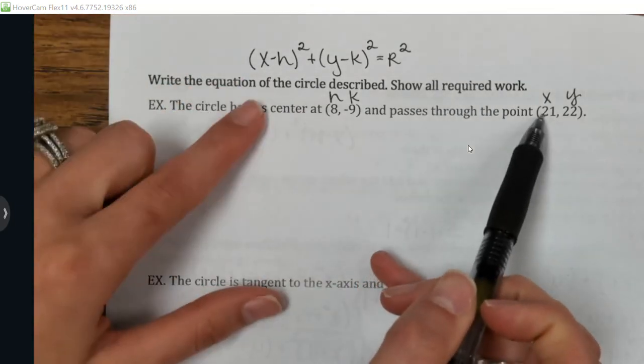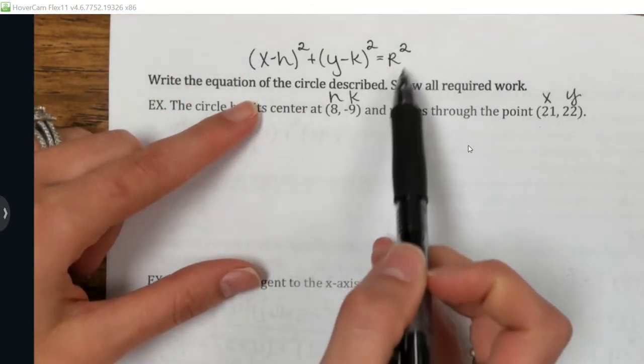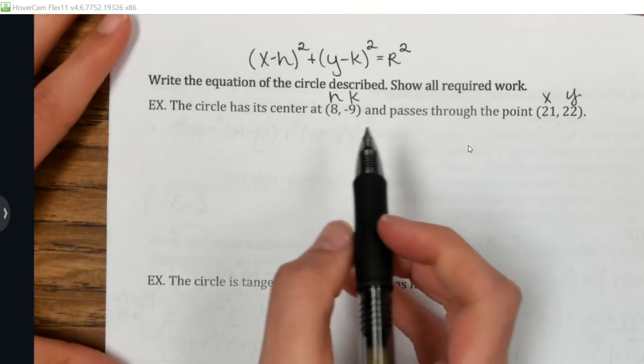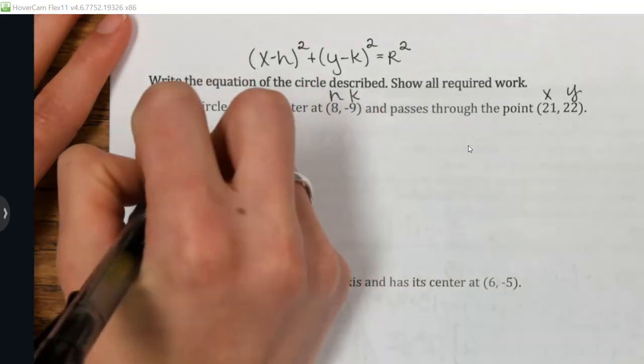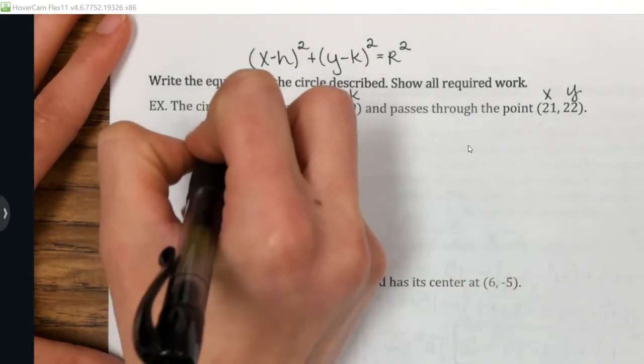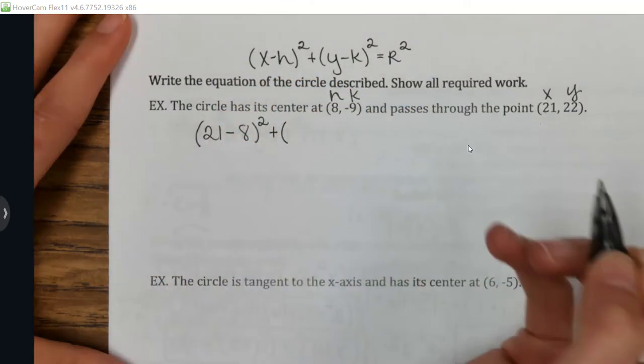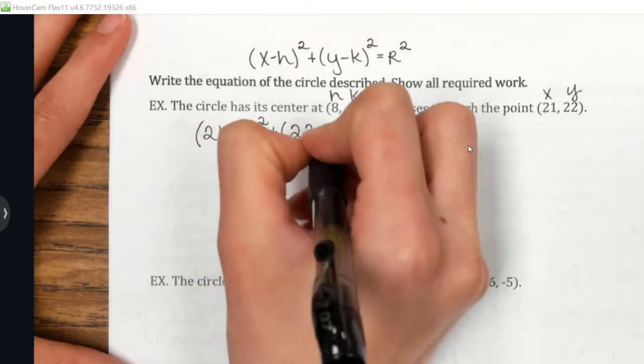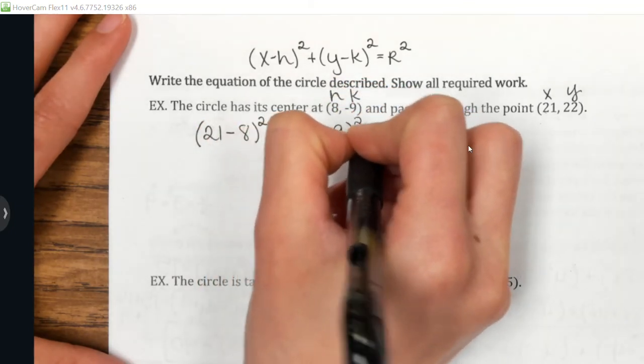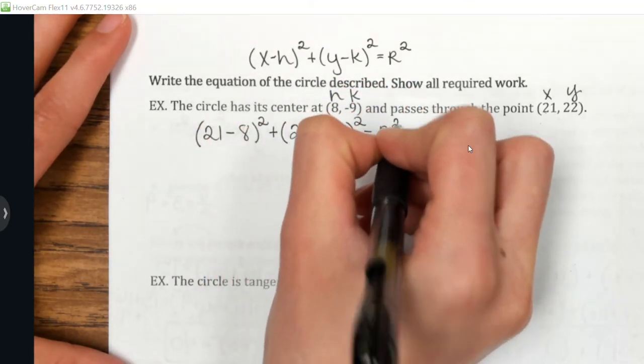I just plug in my x, h, y, k, and get r squared. So I'm going to have my parentheses, 21 minus 8 squared plus 22 plus 9 squared equals r squared.